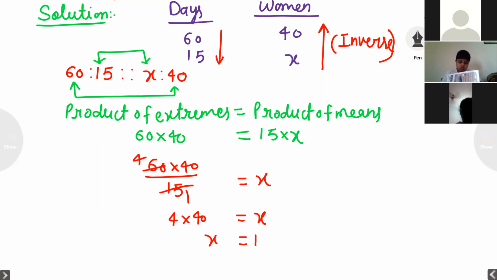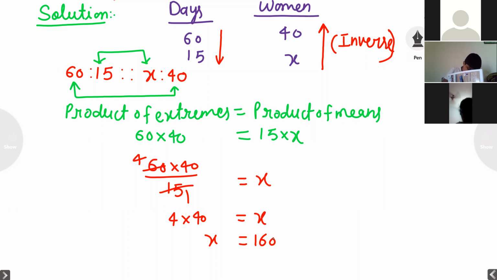X is equal to 160. It means 160 women are required to construct this bridge in 15 days. Hence, 160 women are needed to complete the work in 15 days.